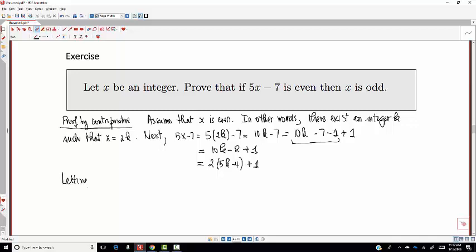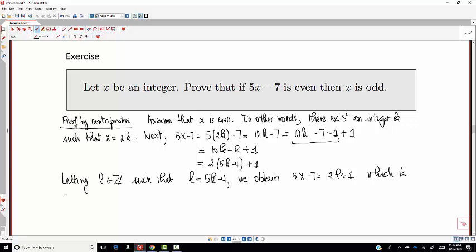And letting L be an integer such that L is equal to 5k minus 4, we obtain that 5x minus 7 is equal to 2L plus 1, which is an odd integer. So we have proved that if x is even, then 5x minus 7 must be odd.